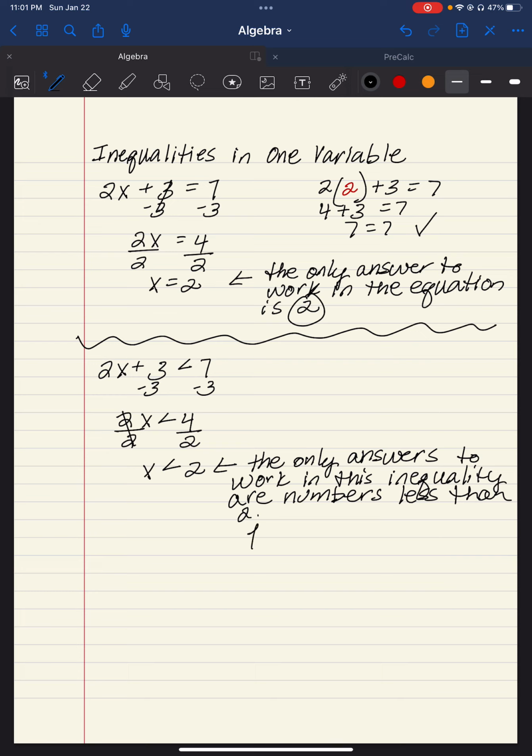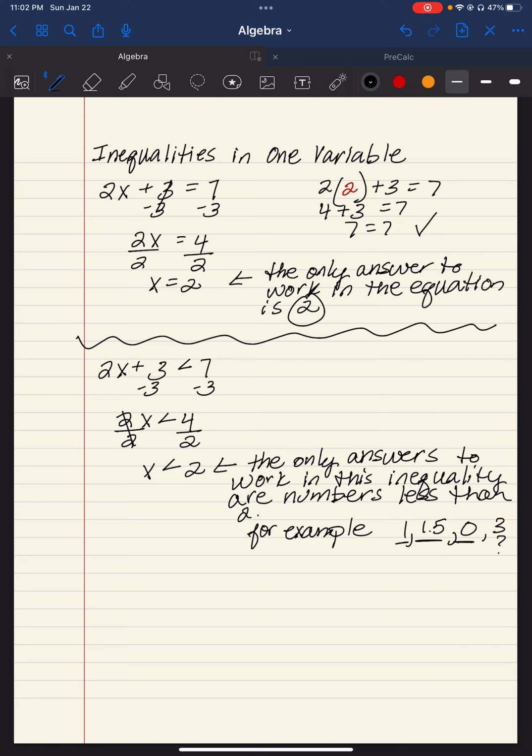So for example, we could use the number 1, or we could use the number 1.5. We could use 0. And maybe we would try 3 just to see what happens. Would that one work? We know it's not, but let's give ourselves some kind of proof. All of these answers now are going to work because they're less than 2.